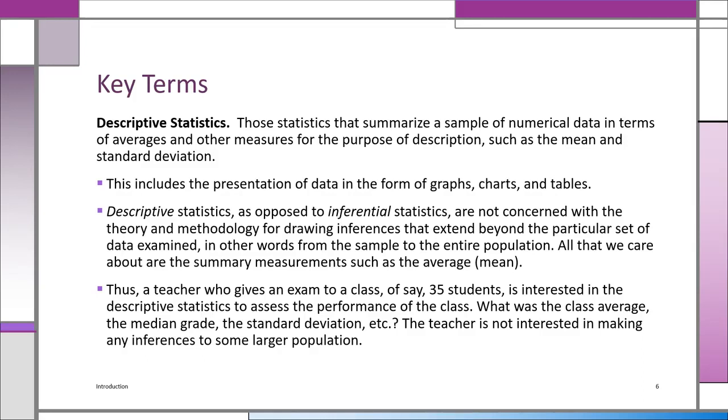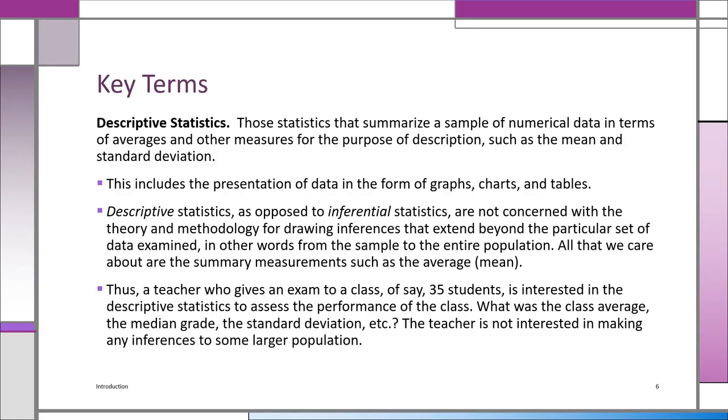So for example, if I give an exam to a class of, say, 35 students, when was the last time our class had 35 students? Suppose I want to use descriptive statistics so I can assess the performance of the class, which we do. Every time we get an exam, you can look at the summary statistics on Blackboard.